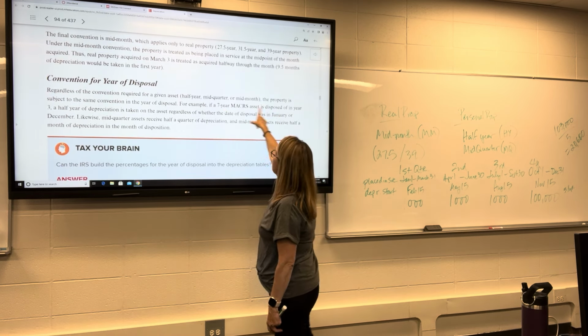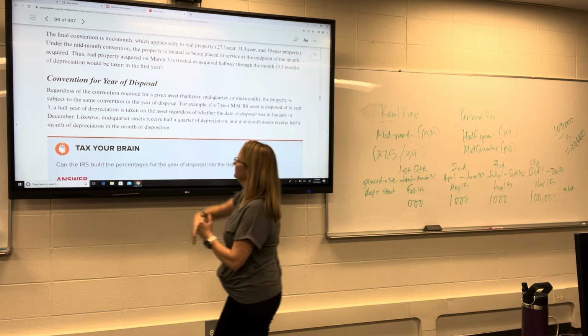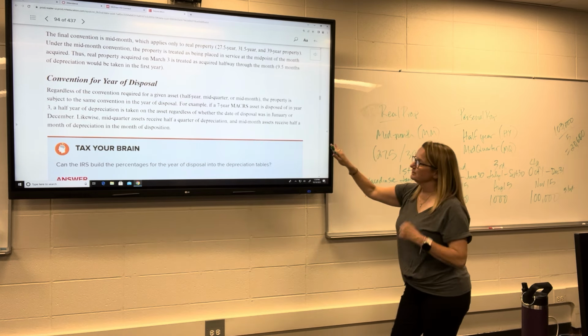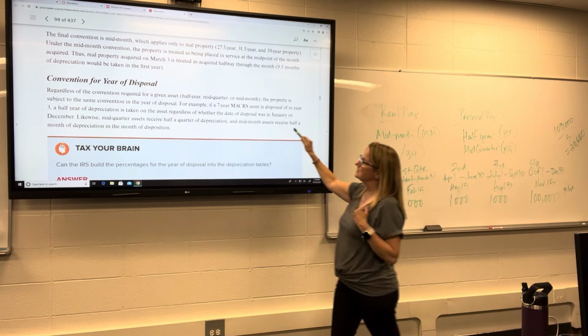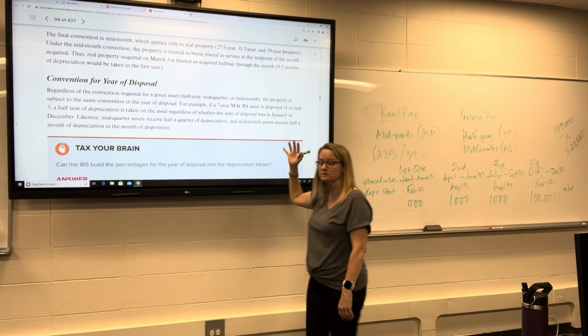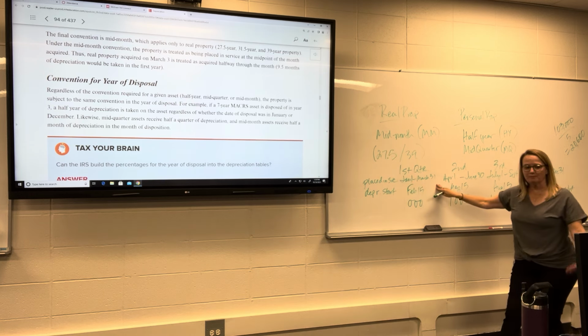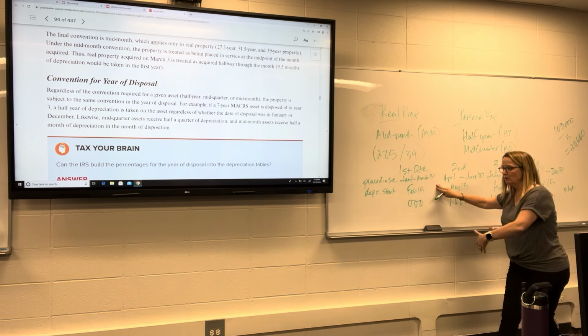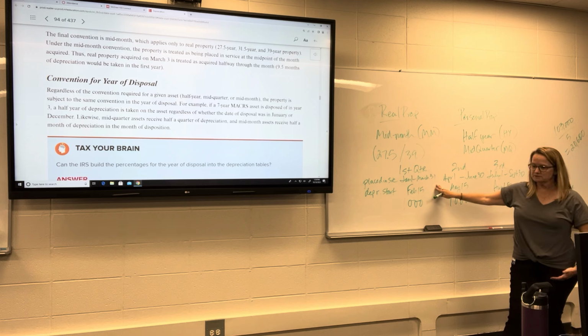Okay, so as I had mentioned, I'm gonna go ahead and read through this. Regardless of the convention required, the property is subject to the same convention in the year of disposal. So that's, like I said, if we used mid-quarter when we bought it, we owned it for 5 years, we sold it during the 6th year.